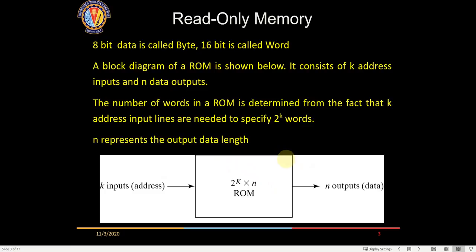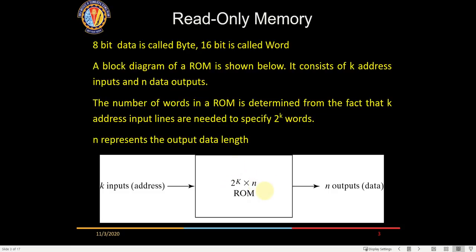If it is an 8-bit ROM, then the number of individual memory cells will be 2 to the power of k into n, where k denotes the input address lines. If it is a 16-bit output ROM, then it will have 2 to the power of k into 16. That is how we represent the ROM, as 2 to the power of k into n.